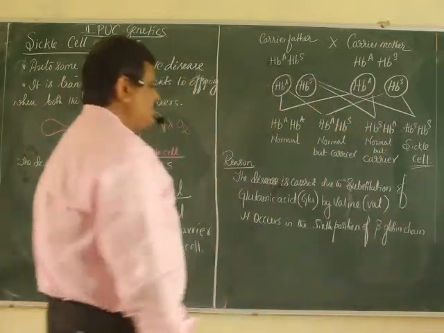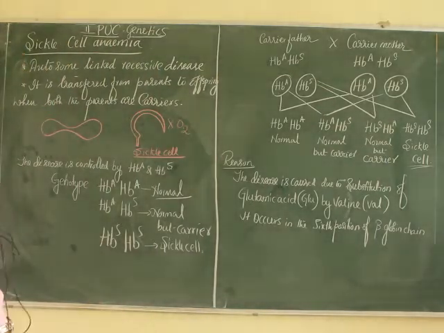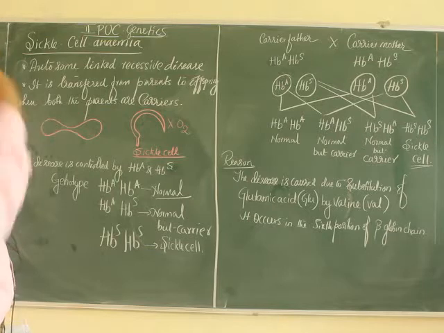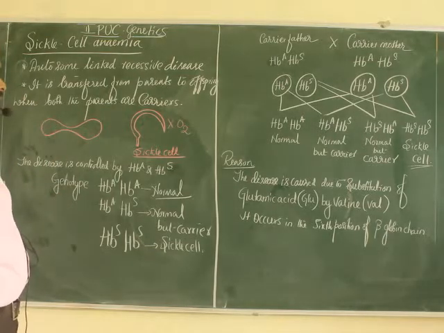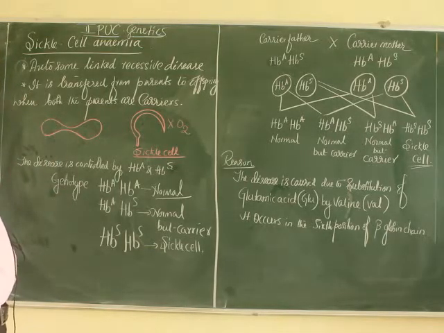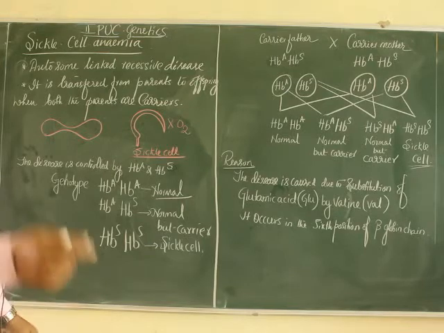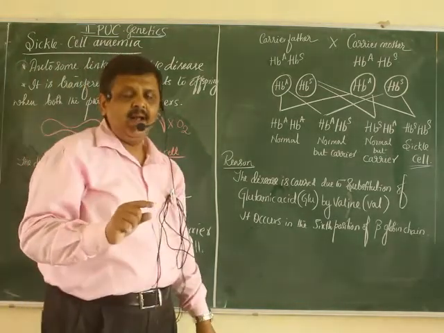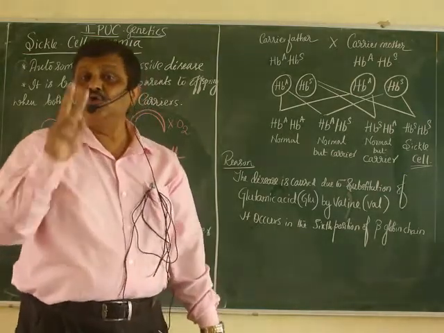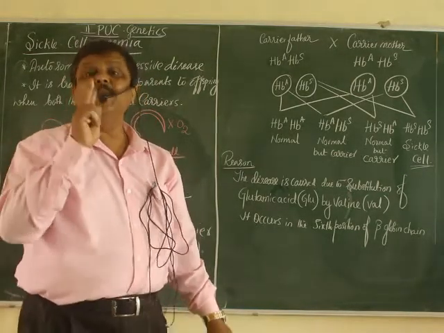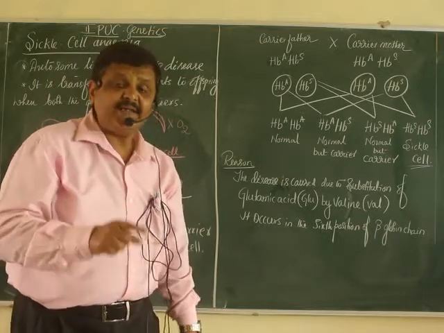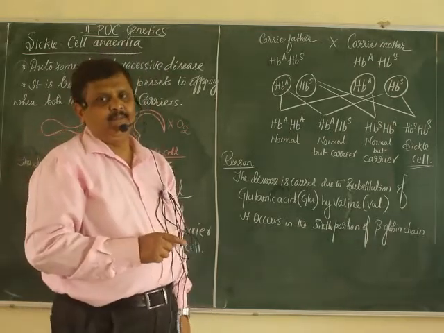In the sixth position of the beta globin chain. Because you know, hemoglobin has two kinds of chains, alpha chains and beta chains. Hemoglobin is made up of two alpha chains and two beta chains.